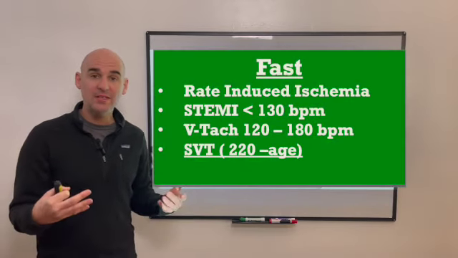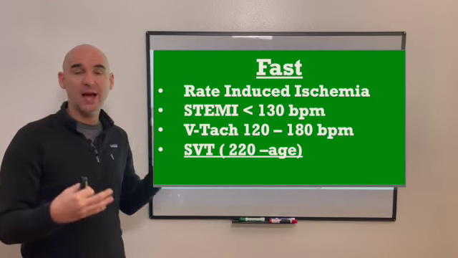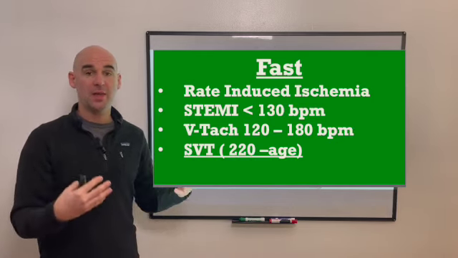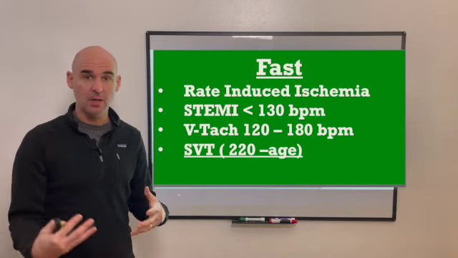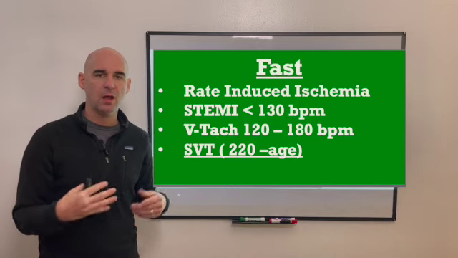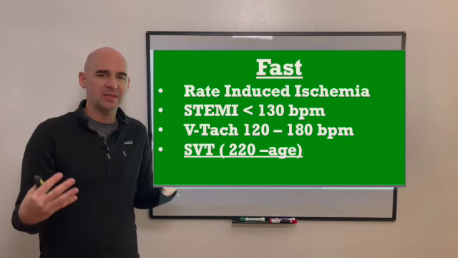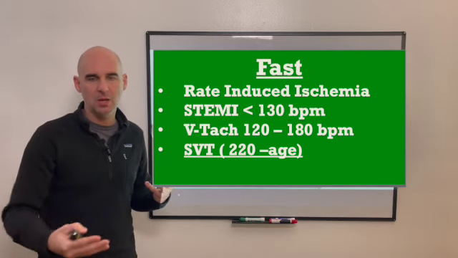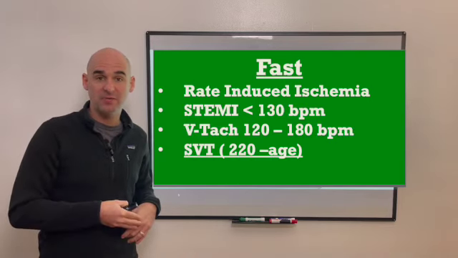With SVT, it's not necessarily based on greater than 150 beats per minute. What it's really based on is the age of the patient. One of the formulas out there that most cardiologists refer to is 220 beats per minute minus the age of the patient, which gives us the baseline for SVT.